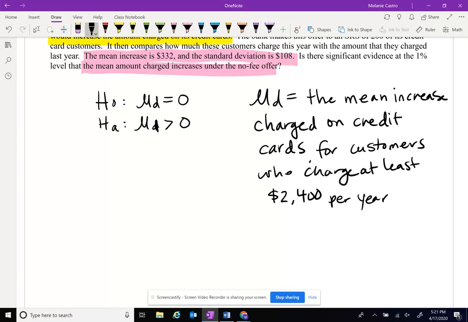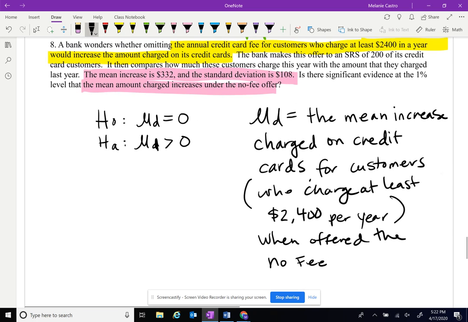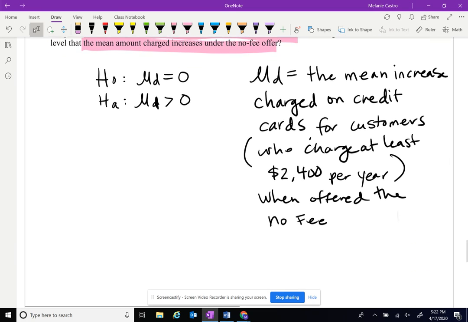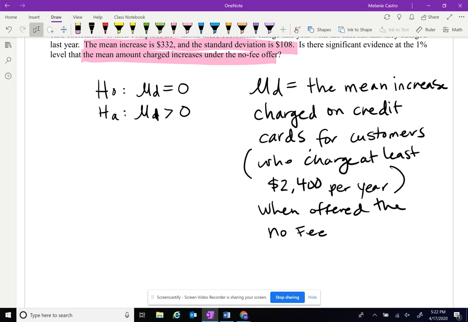Okay, the mean increase charged on credit cards for customers who charge at least that much per year when offered the no fee deal. Okay. So based on that, can we pick the test?